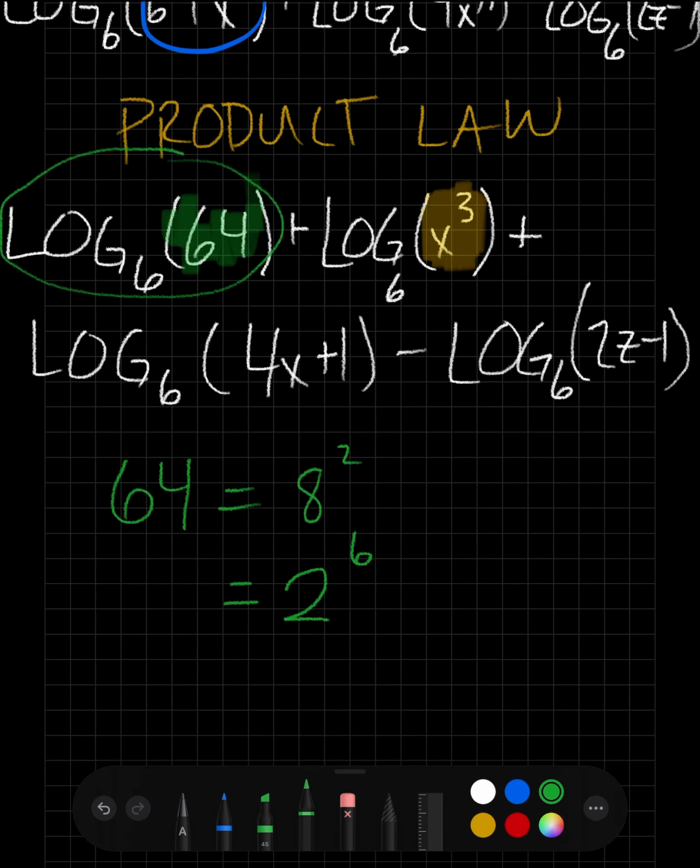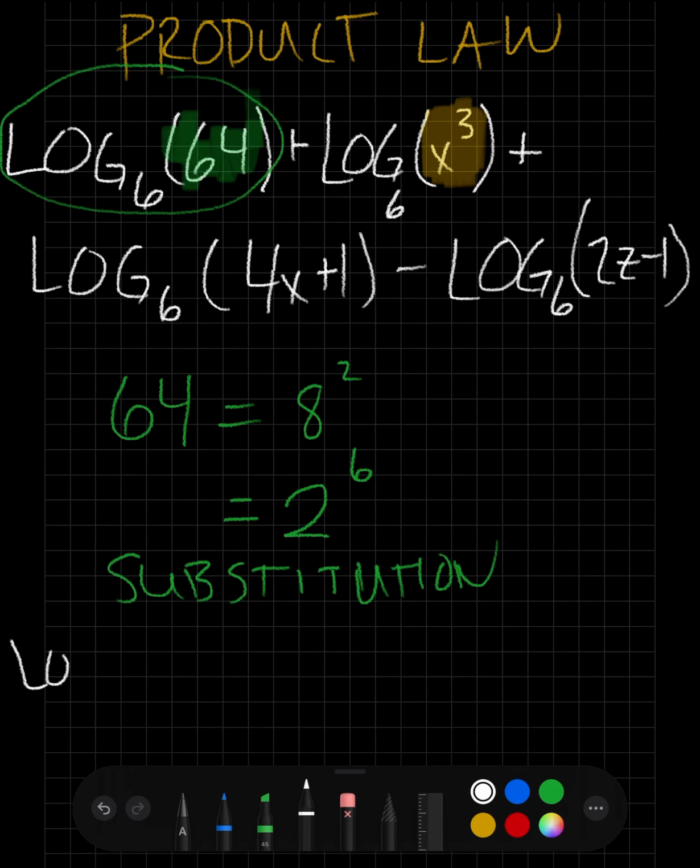So we rewrite using our law of exponents. First I'm just going to do a substitution of 2 to the 6th for 64.